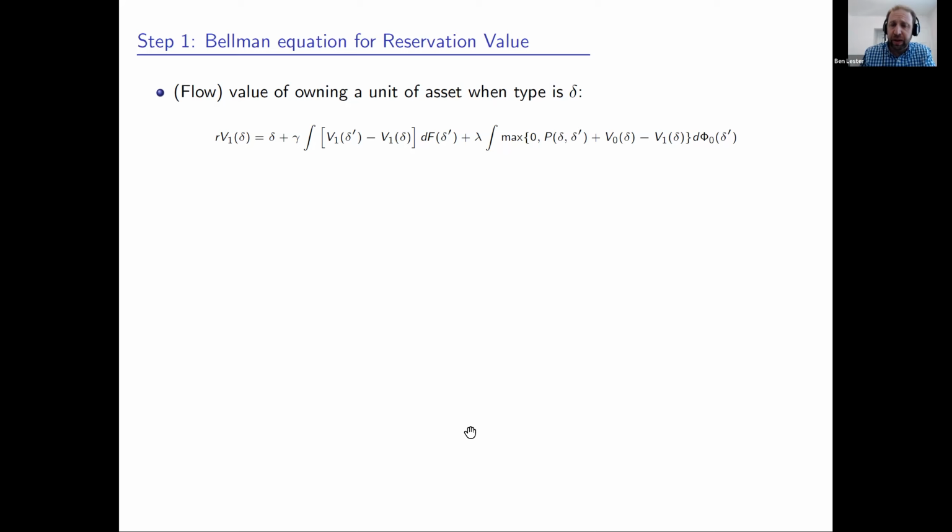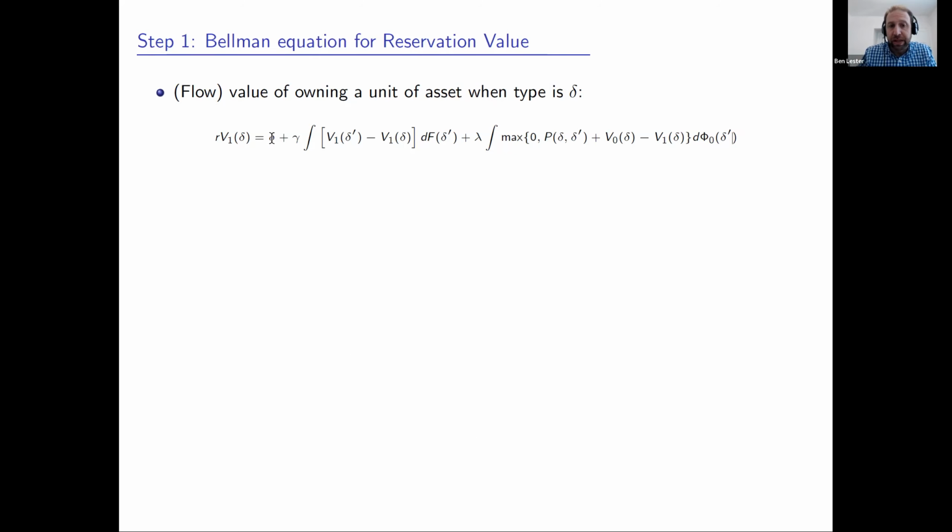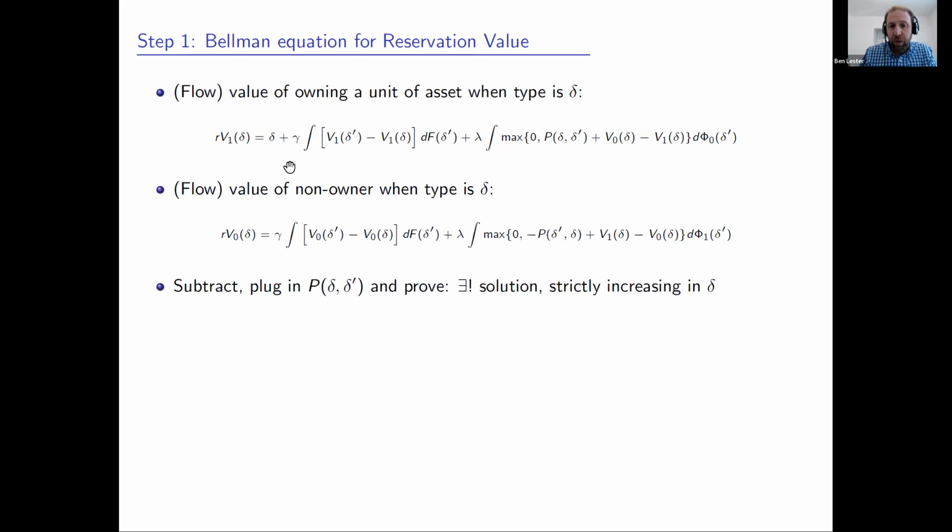So what I've written here, I've already done a little bit of simplification, but not too much, is the HJB, the flow value from owning one unit of the asset when your current utility type is some arbitrary delta. Well, you own the asset, so you get some flow utility delta. With arrival rate gamma, you're going to switch types.